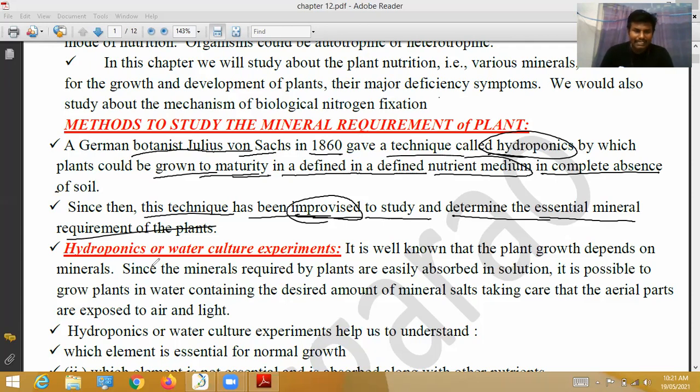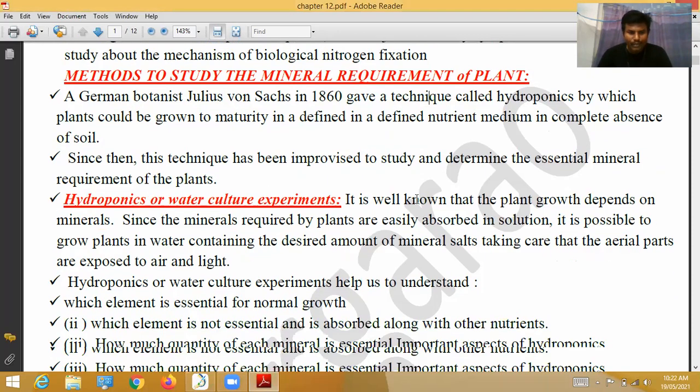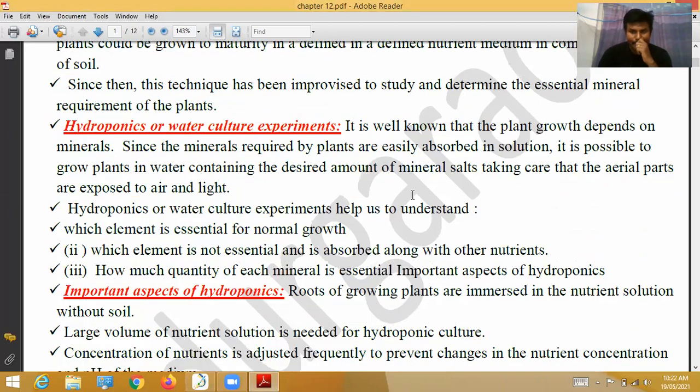This technique is also called the water culture experiment. In this experiment, they use only a nutrient medium, and with its help they culture various kinds of plants.